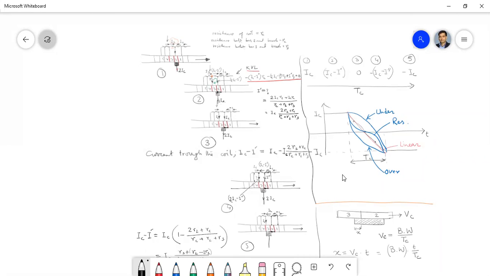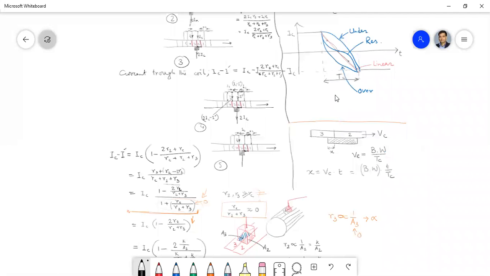We can think that I double prime is proportional to X. But what is the proportion of the current that will flow through commutator segment 3 in that instant?